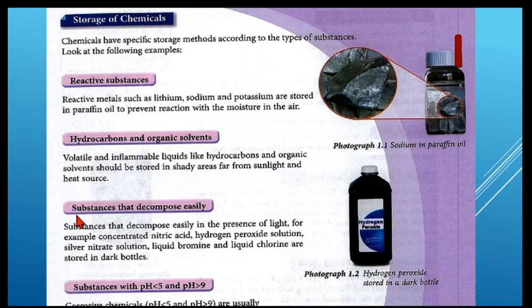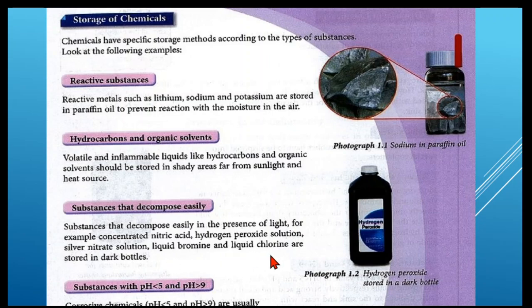Alright, and then the third one is substance that decompose easily. Bahan-bahan yang senang untuk mengurai, especially in the presence of light. Example, concentrated nitric acid yang pekat, hydrogen peroxide, silver nitrate solution, liquid bromine, liquid chlorine, simpan di dalam dark bottle.